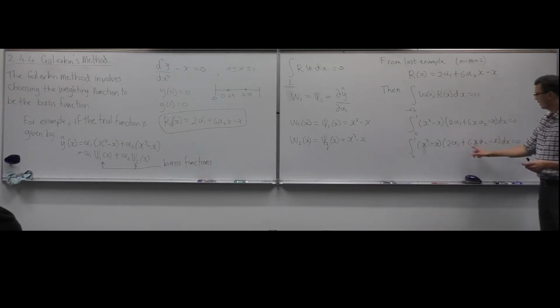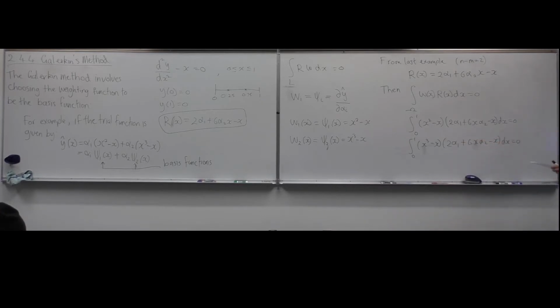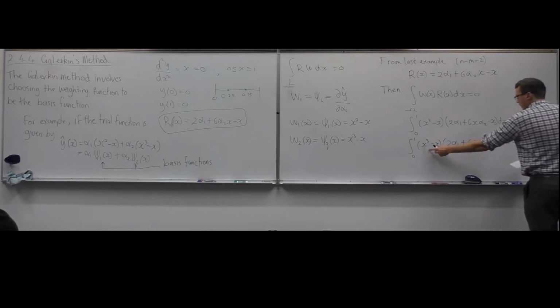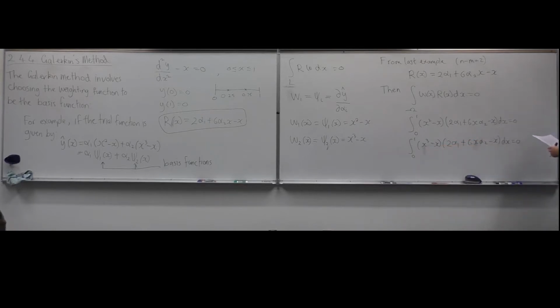This is slightly more involved because it's got x to the 4 powers. So when you evaluate these two terms, I could write this as the integral of psi 1 x times r x dx, and psi 2 x times r x dx.